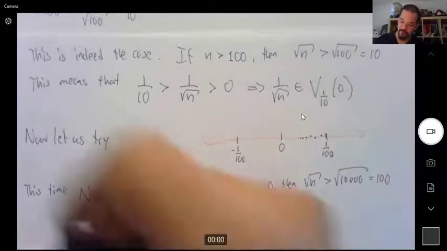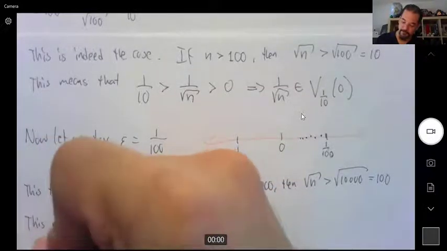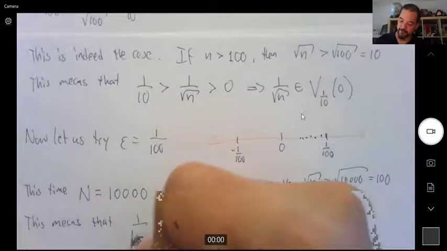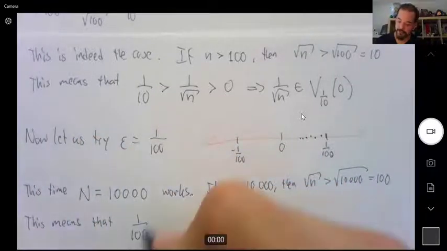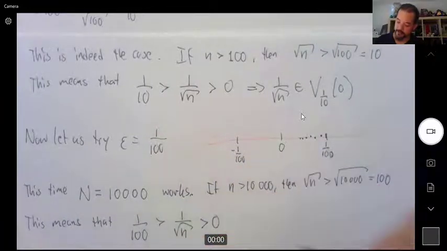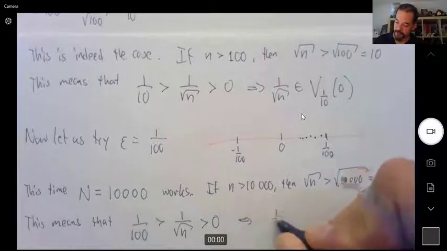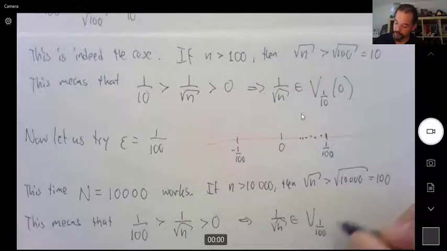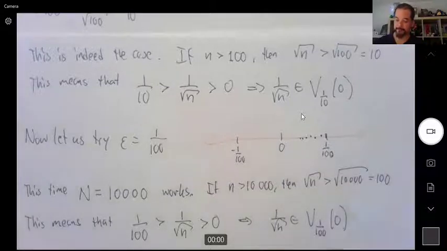And then this means, on purpose even writing it the same way so you see that it is the same argument, that 1 over 100 is bigger than 1 over root n, which is bigger than 0, which means that 1 over root n belongs to the 1 over 100 neighborhood centered at 0.